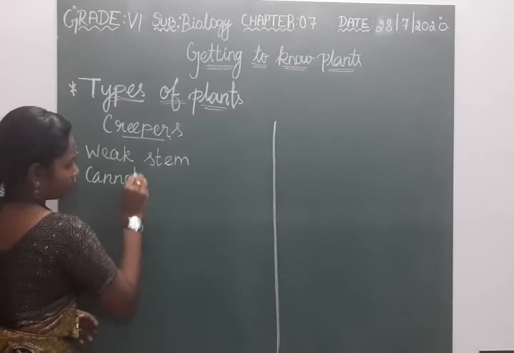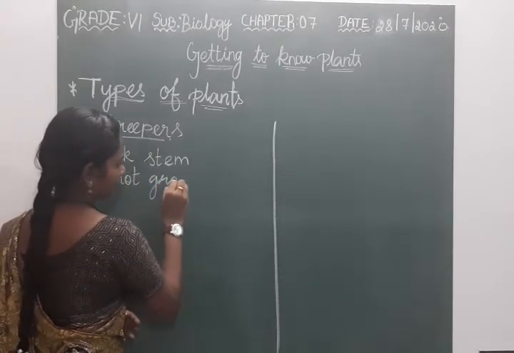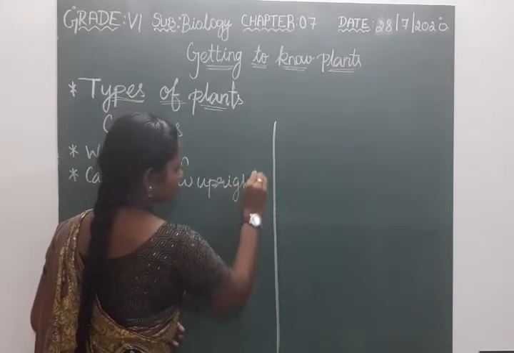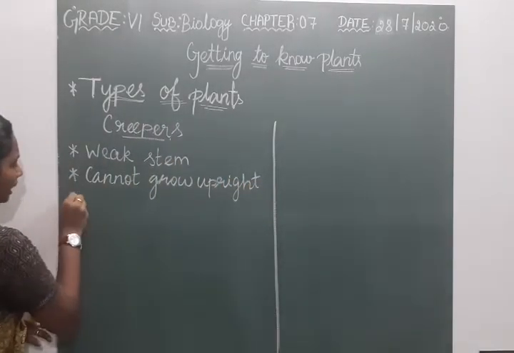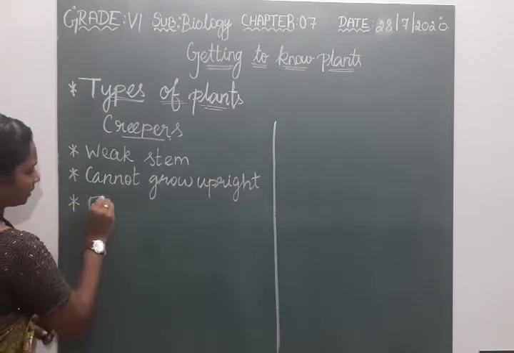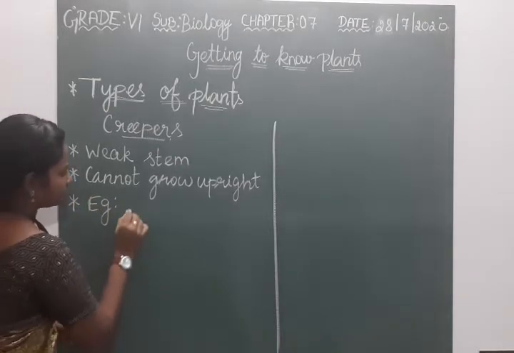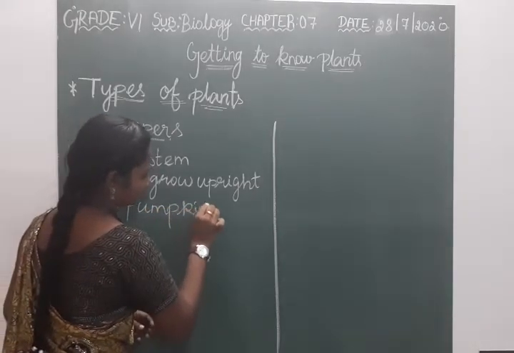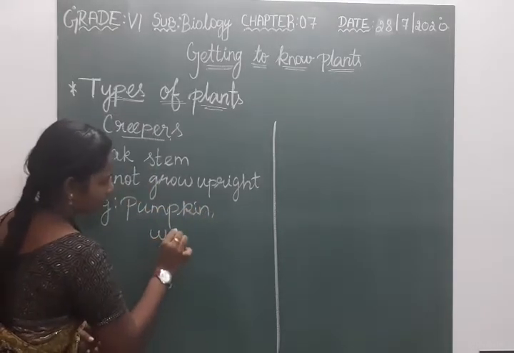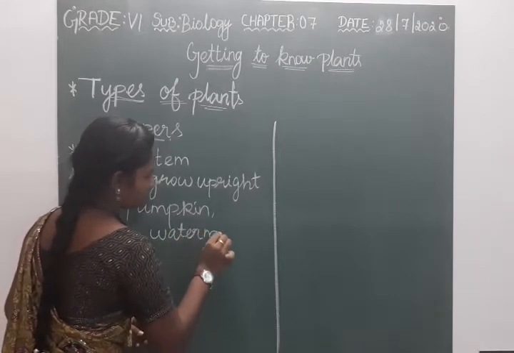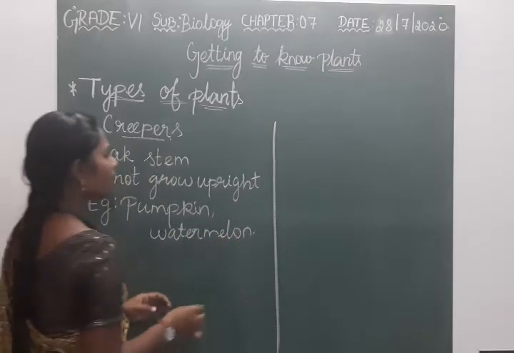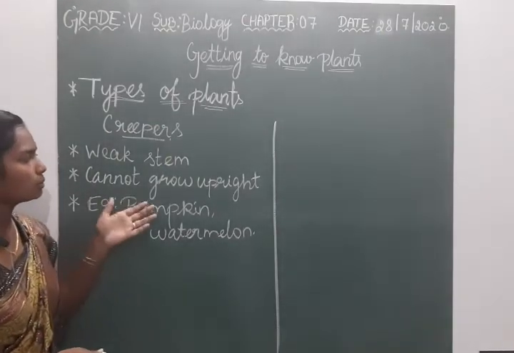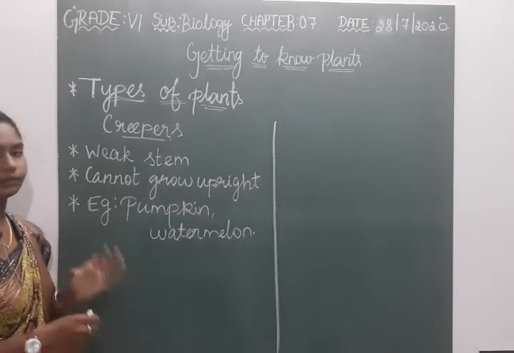Examples of creepers are pumpkin and watermelon. These plants just spread on the ground and grow. They cannot grow in an upright position because they have a weak stem.